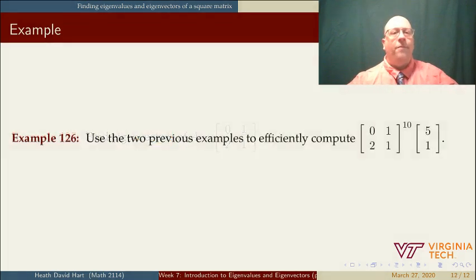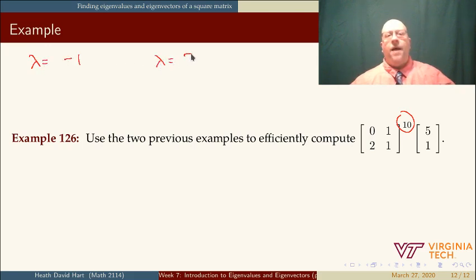Let's try one more example. Let's use these examples to compute 0, 1, 2, 1 raised to the 10th power times 5, 1. So from the previous examples, we saw that the eigenvalues were -1 and 2, and that -1, 1 was an eigenvector, and 1/2, 1 was an eigenvector.